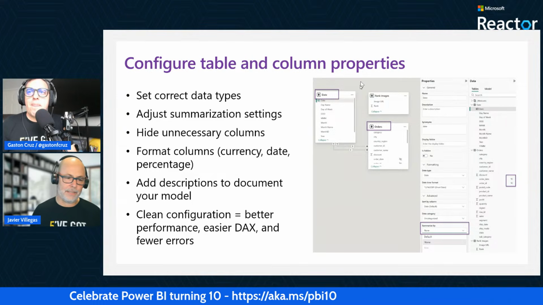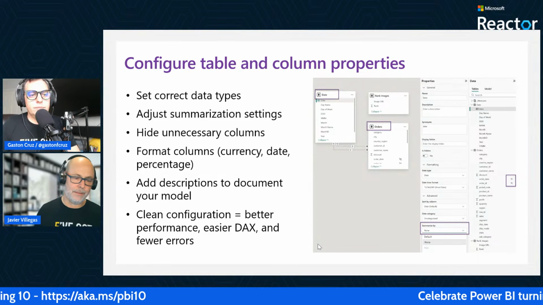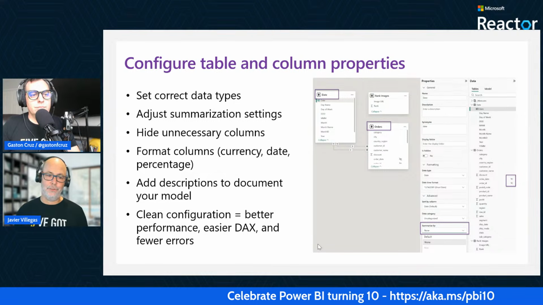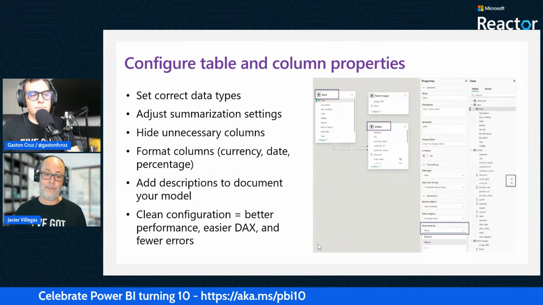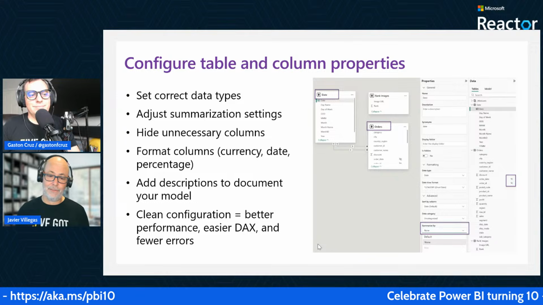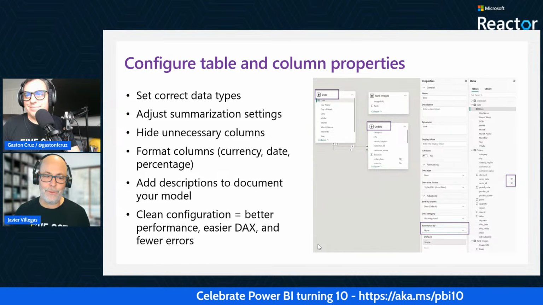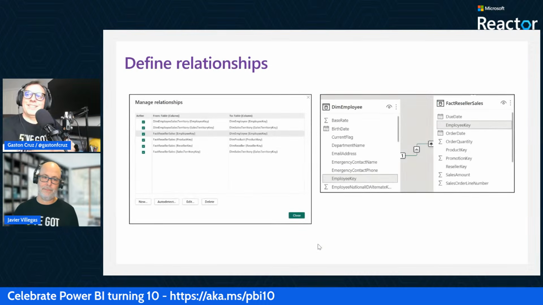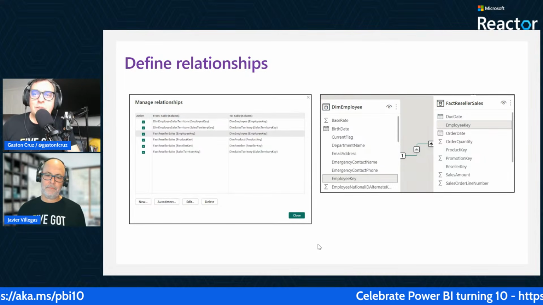And this is definitely an important point, Gaston, when we do this data cleaning, data standardization, to be able to achieve a good performance at the end of the day. And with that, we are definitely going to have to write less DAX code, right? And we're going to avoid a bunch of errors. And we were talking about the configuration of the relationships.